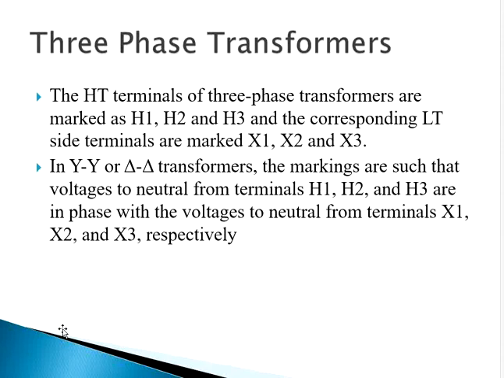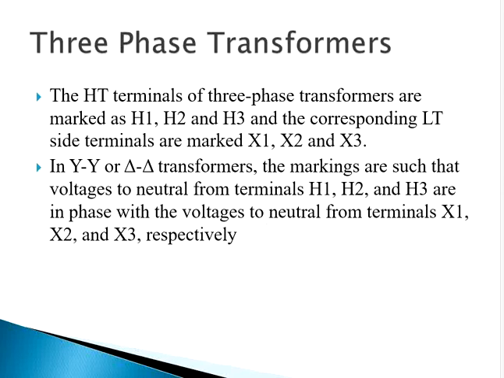They have designated the primary, the HV side, as H1, H2, H3, and the secondary, the LT side, as X1, X2, X3. In star-star or delta-delta transformers, the markings are such that the voltages to neutral from terminals H1, H2, H3 are in phase with the voltages to neutral from terminals X1, X2, X3 respectively.